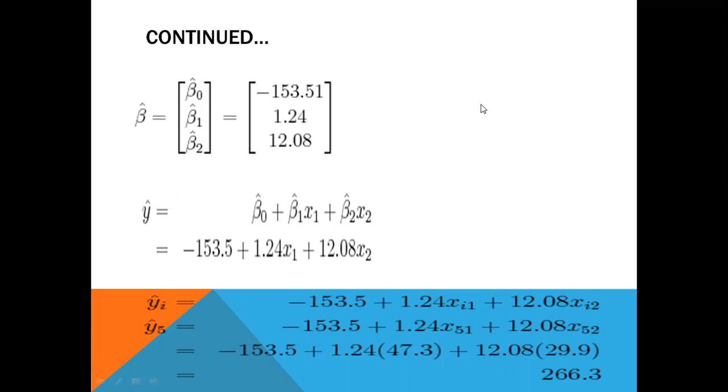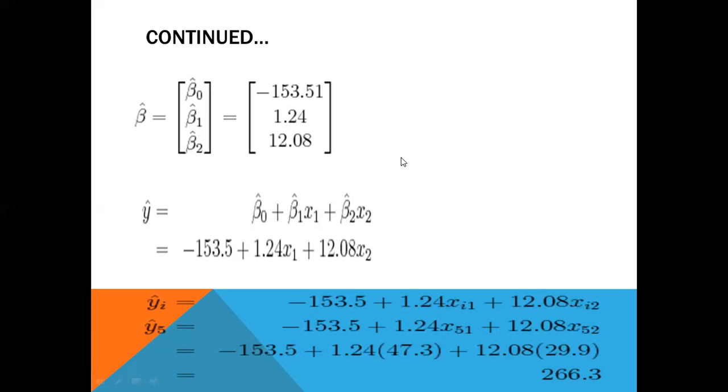Okay, then y cap equals b cap 0 plus b cap 1 x1 plus b cap 2 x2. We substitute the values of b as minus 153.5 plus 1.24 x1 plus 12.08 x2.